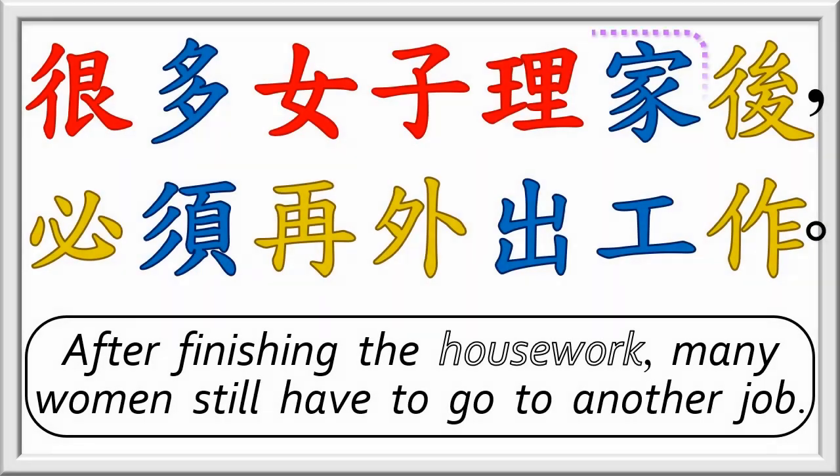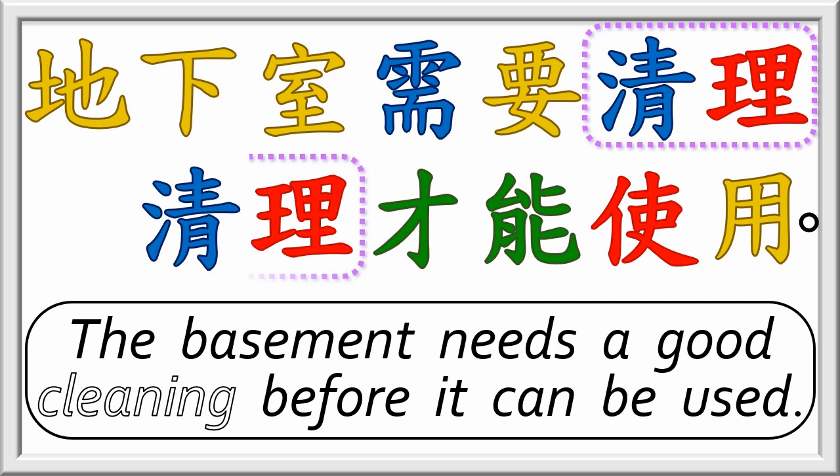理家 means to manage the home, to do housework. 很多女子离家后必须再外出工作. After finishing the housework, many women still have to go to another job outside. Just as the layers and contours of a piece of jade are in a fixed order, to tidy up or arrange in order is 清理. 地下室必须清理清理才能使用.